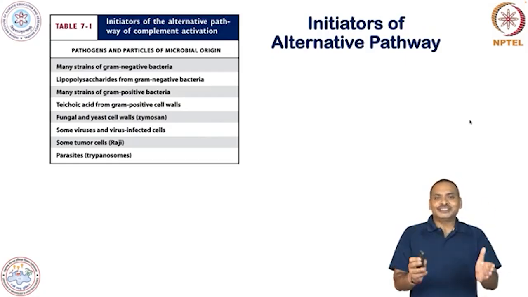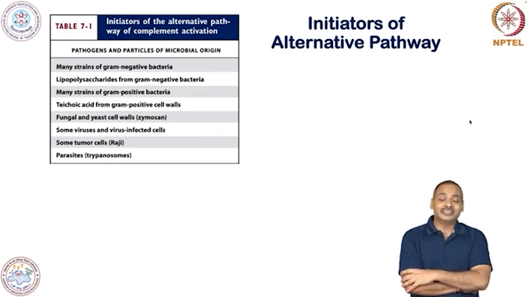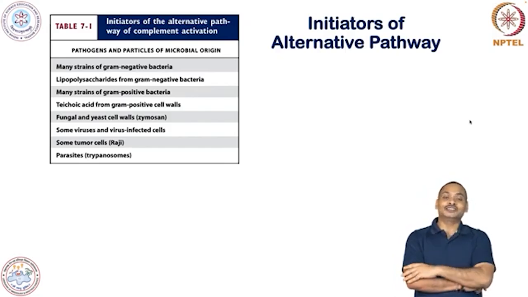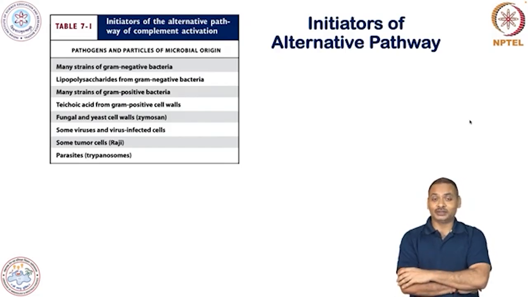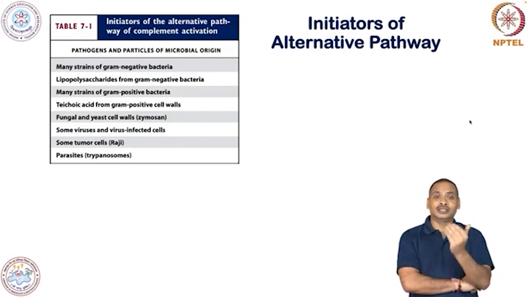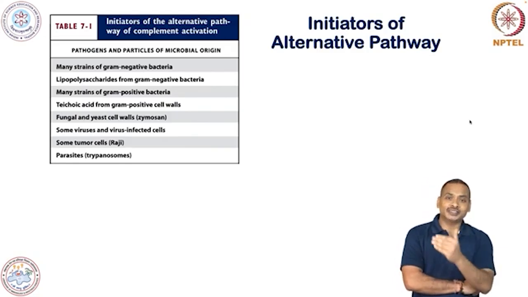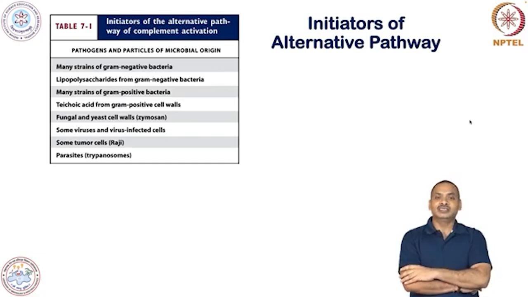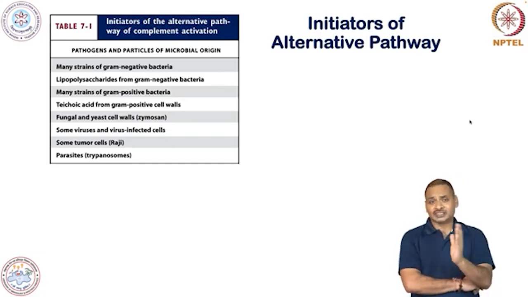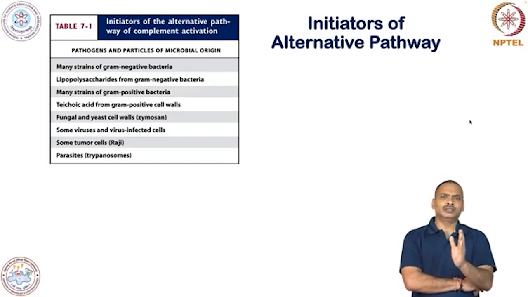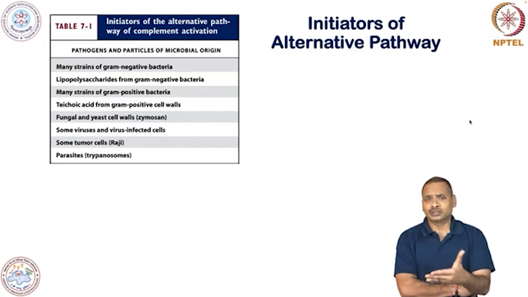Here you can see that this complement can be triggered by all kinds of microbial pathogens, that is gram positive bacteria, gram negative bacteria, viruses, and parasites. In addition, modified cells can also trigger the complement pathway.